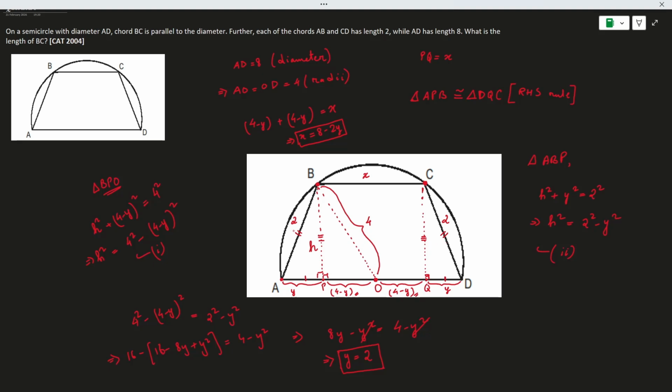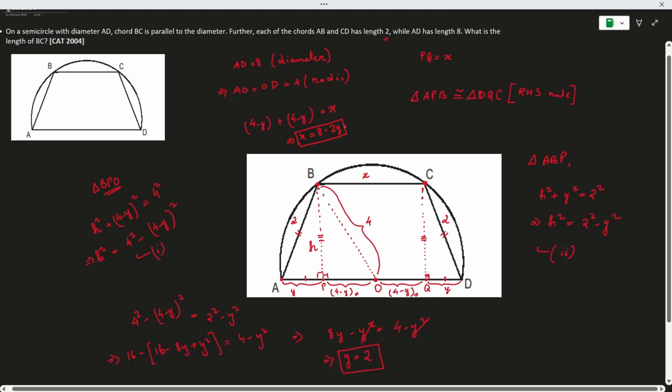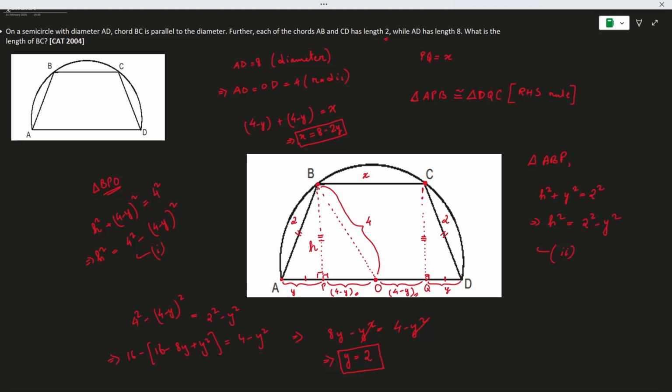This is 2. We are given this is 2, the length of 2 units. This is the height. This AO is 4, so this will be 4 minus y. So h square plus 4 minus y whole square is equal to 4 square, which is correct. And h square plus y square is equal to 2 square, which is also correct.